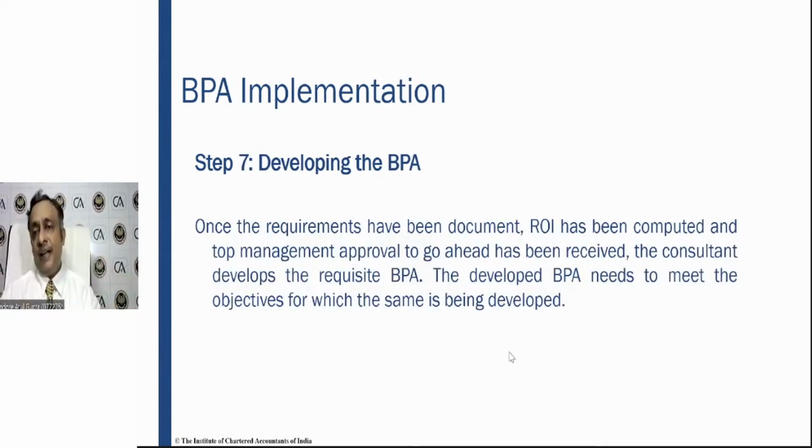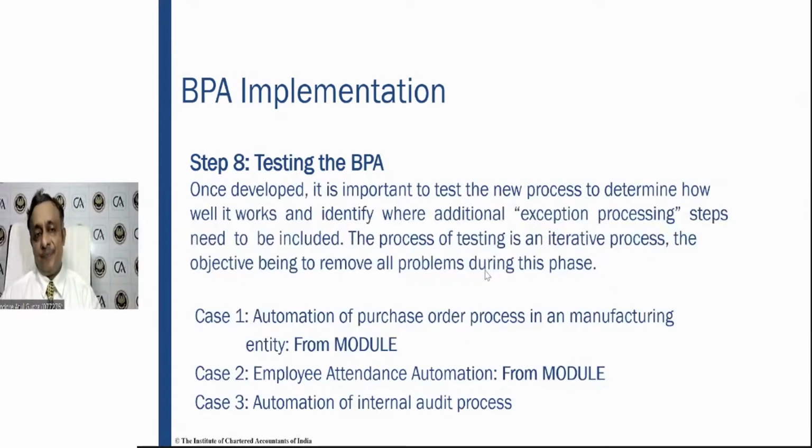Then, developing an ROI. Once the requirements have been documented and ROI has been computed, the top management gives an approval to go ahead. The consultant develops the BPA. The developed BPA needs to meet the requirement for the purpose it is being developed. To see whether it is meeting the requirement, you go to the next step, that is testing.